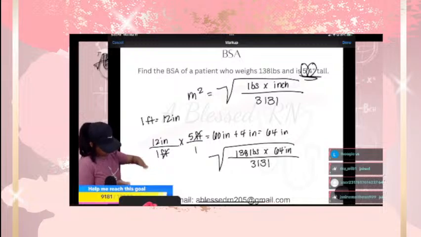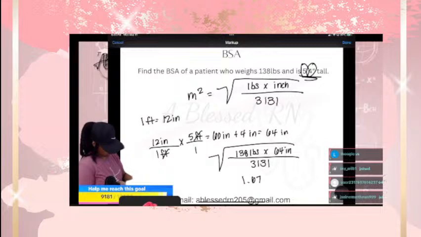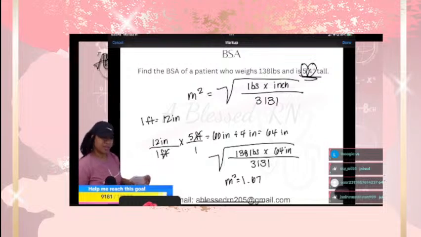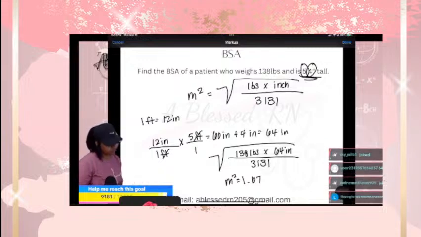Then just hit the square root button. And that is 1.67 meters squared. Easy peasy, lemon squeezy. Now, some stuff in dosage calculations you do have to memorize a formula for. This is one of them.